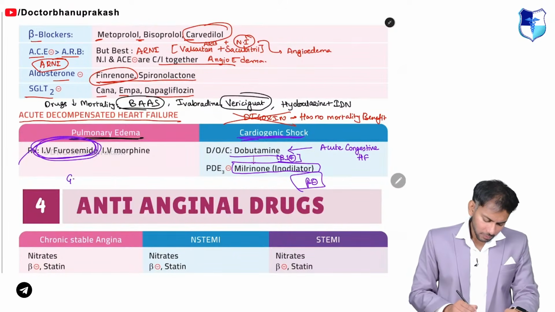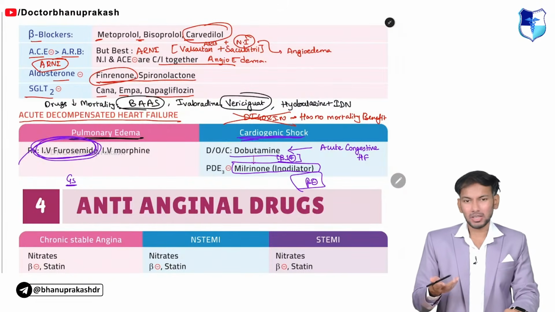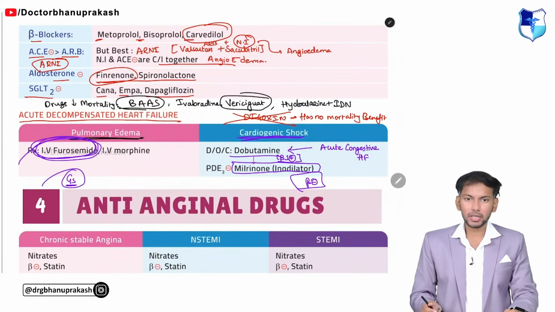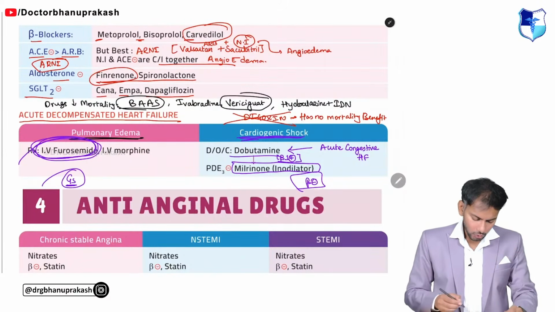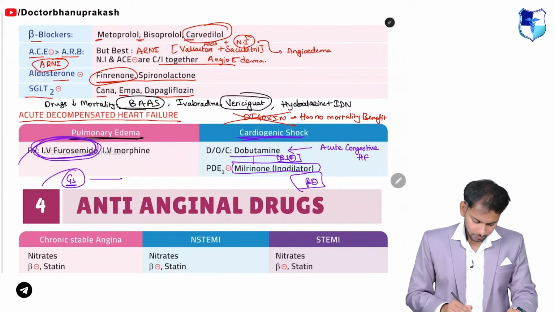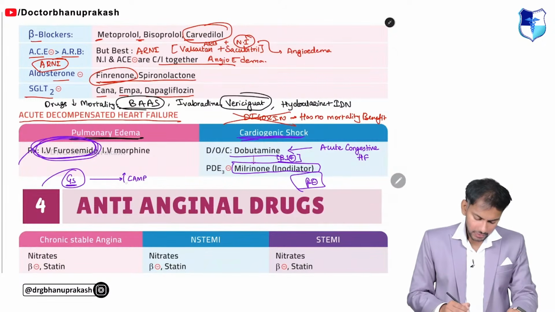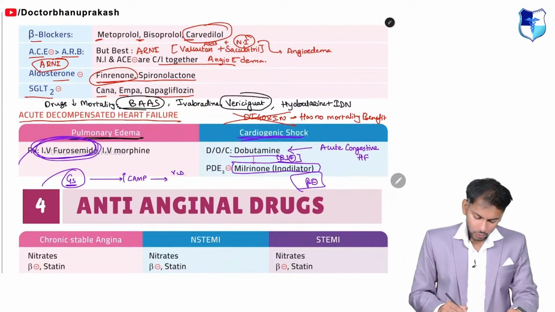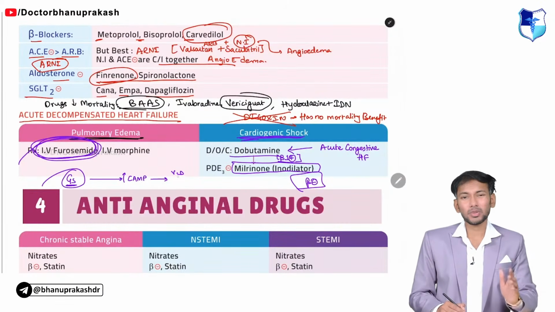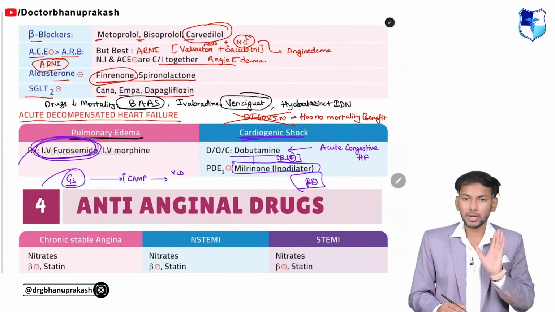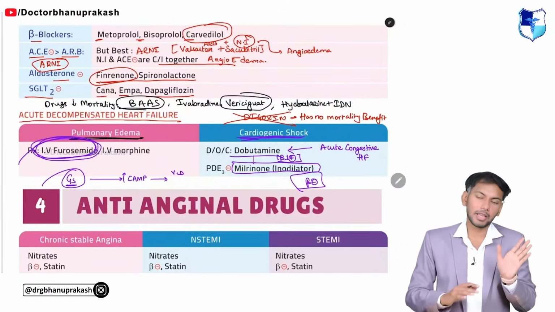Why? Simple way to say that beta-1 receptor is a Gs receptor. We've already studied beta-1 is a Gs receptor. So Gs receptor, how does it work? It will work by increasing the cyclic AMP. This cyclic AMP is what is causing vasodilation. Why? Because it is smooth muscle relaxation. I told you Gs will stimulate everything except smooth muscle.